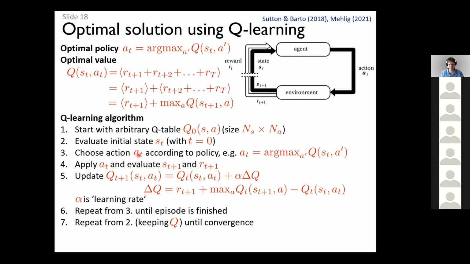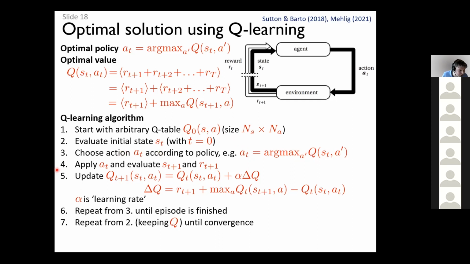Then we choose an action according to the policy. For instance, we could have the optimal policy, the greedy policy, if we believe this Q is a good estimate of the future reward. So we just take the maximum value of Q. And in this case, Q was just 0, so we just take a random action of all the maximal ones.